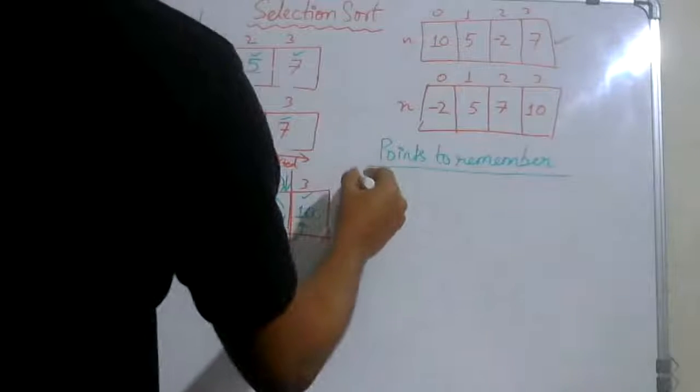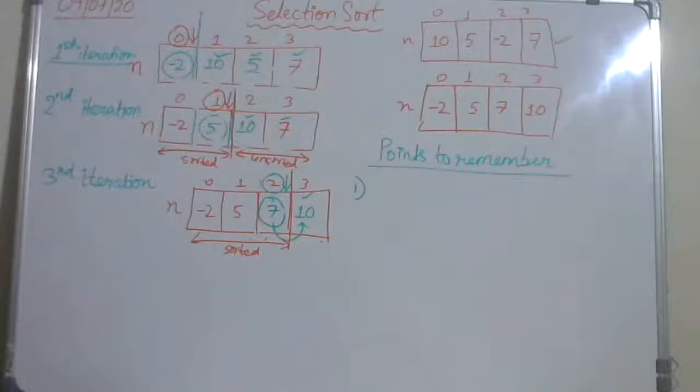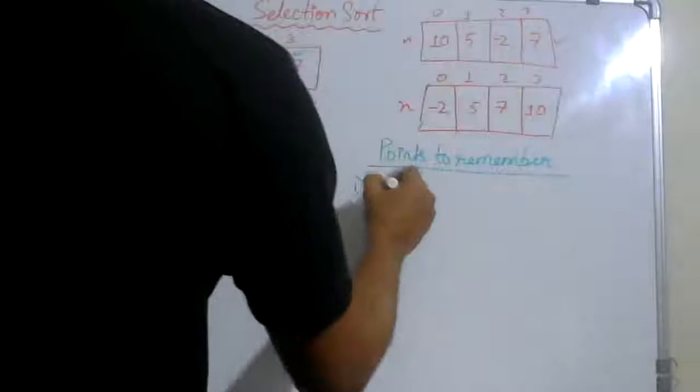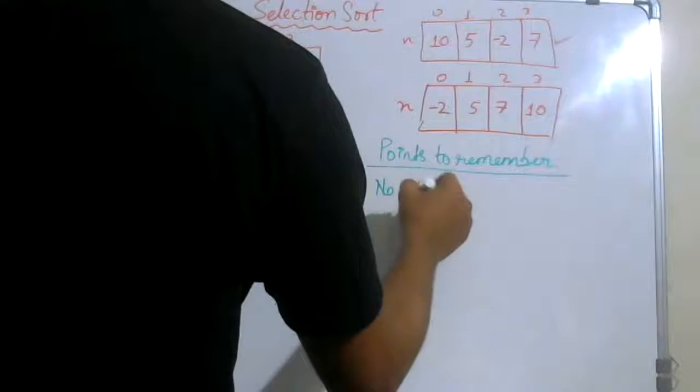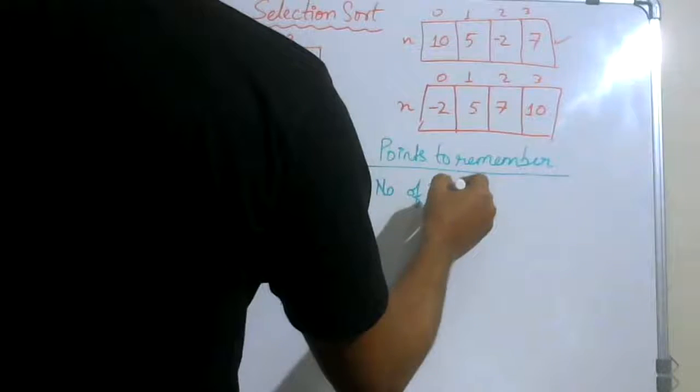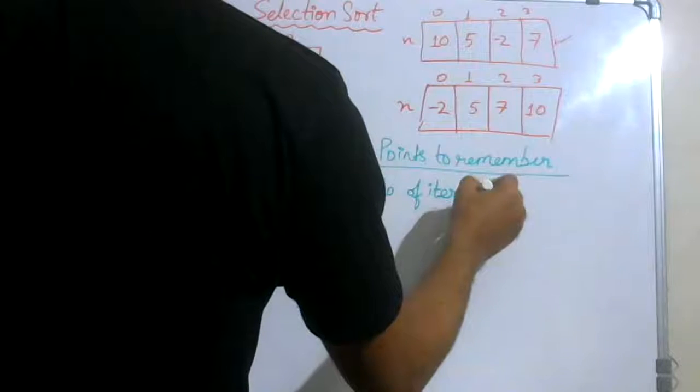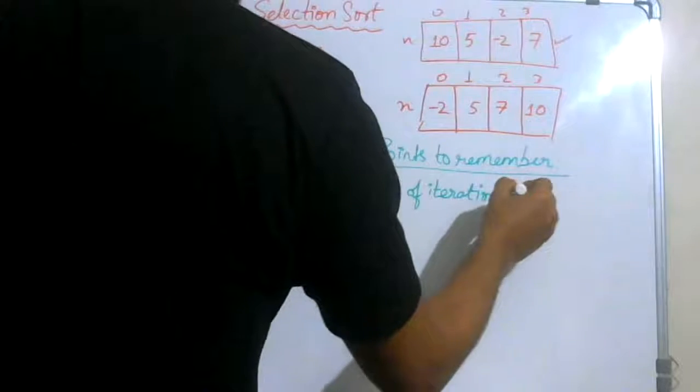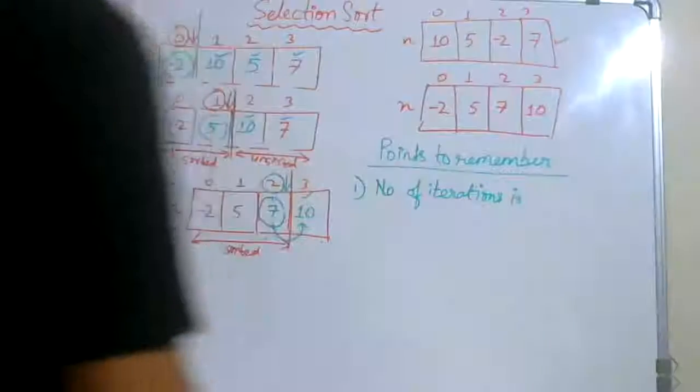Point 1, number of iterations. This is just a logical point. The number of iterations is less than the size of the array.